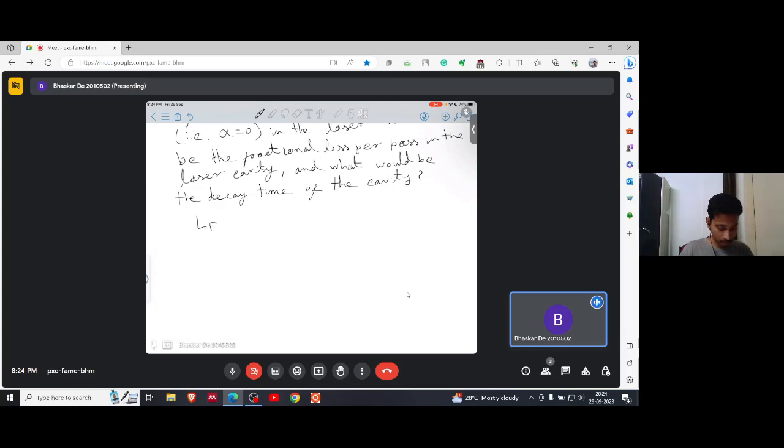So first we will calculate LF. LF is alpha L minus ln R1 R2 to the power half.